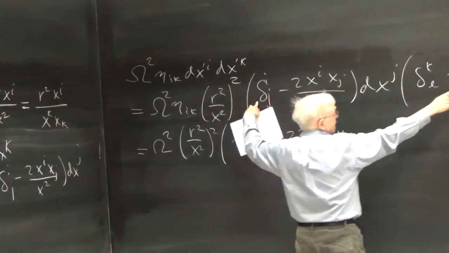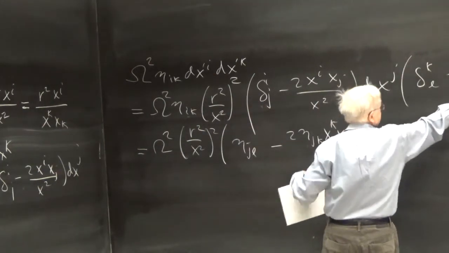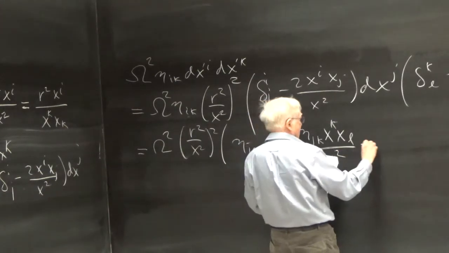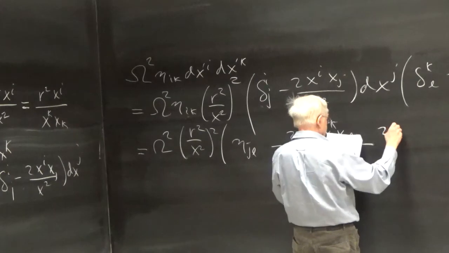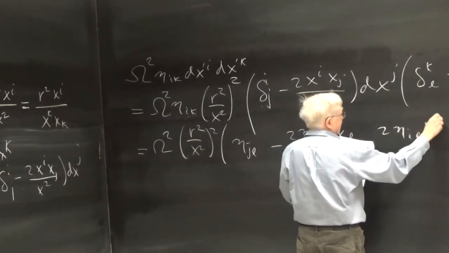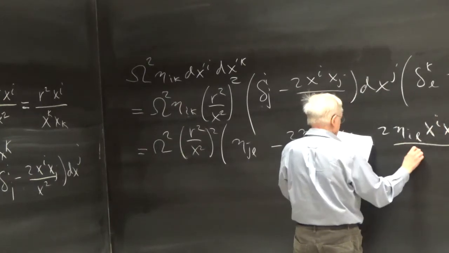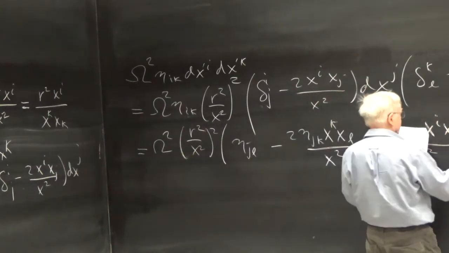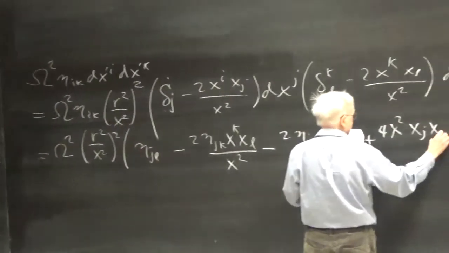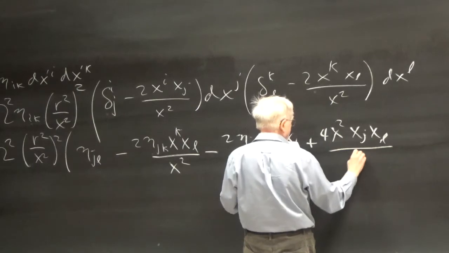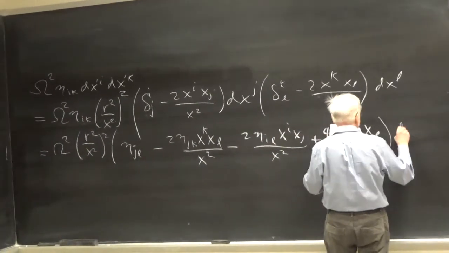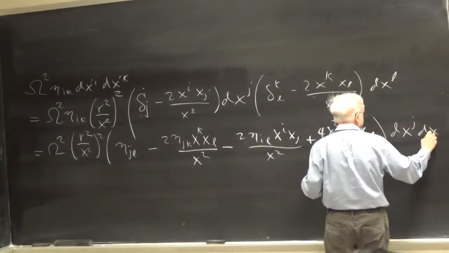And the other one hits this, and we have x_k x_l over x squared, and then the cross term is 2 eta_il x^i x_j over x squared, and then the last term is 4 x squared x_j x_l over x squared, squared, and that's all times dx^j dx^l.